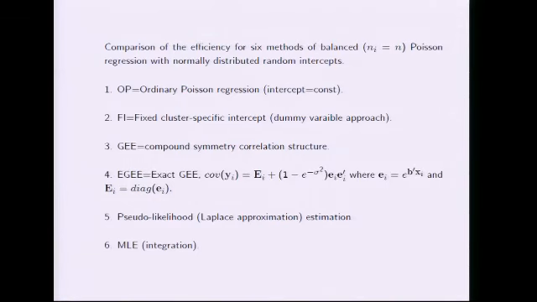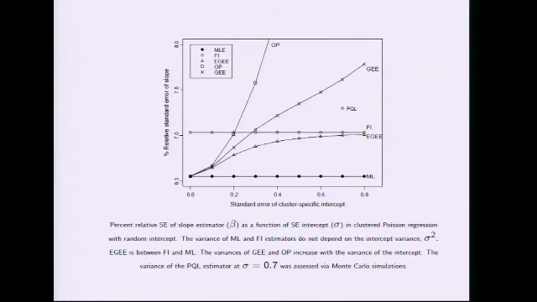To demonstrate how it works, this result is computed using analytical tools. No simulations are involved. So right here you have Poisson regression with random intercept. This is maximum likelihood. This is exact GEE, and some people in previous talks used exact GEE to compute the.